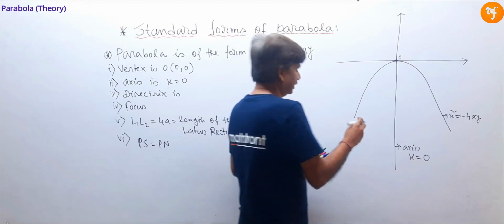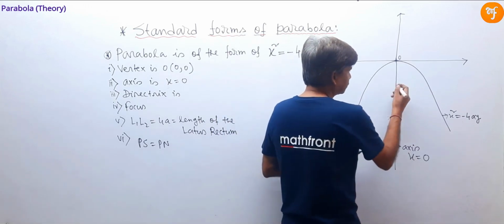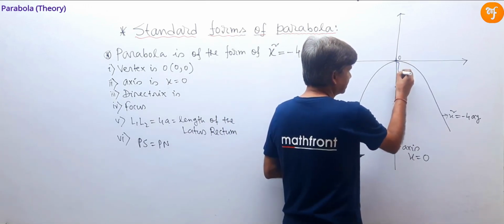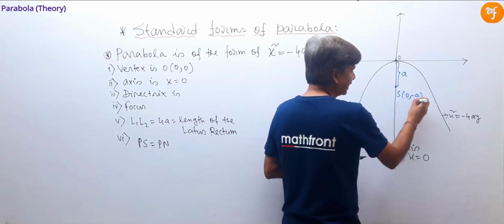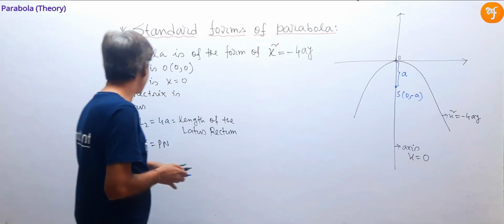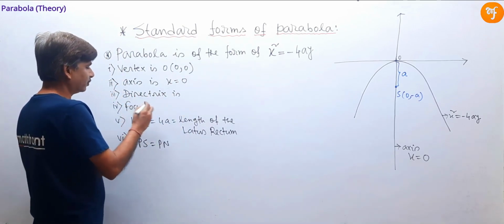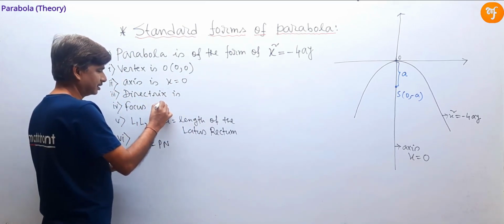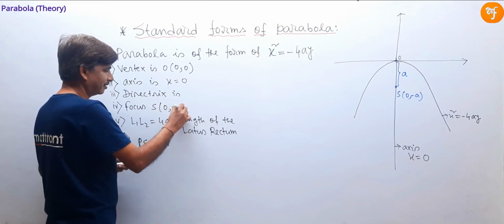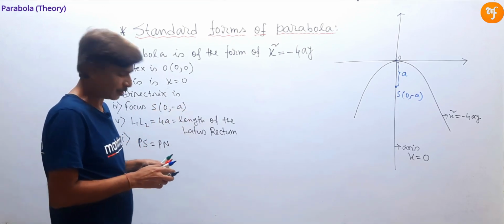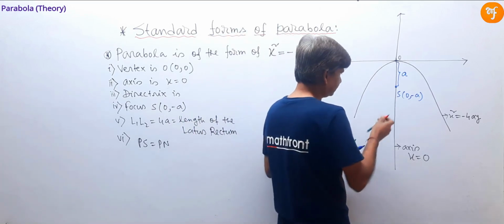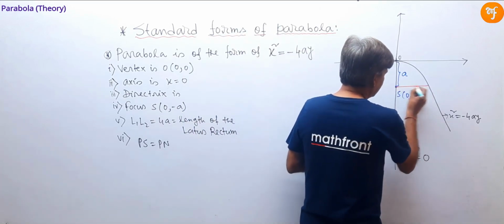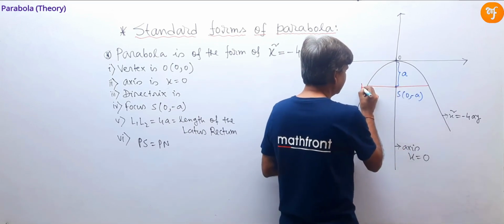Now definitely this will be the focus, which is at a distance of a unit, and the coordinate of the focus will be 0 comma minus a. So we should write the focus is S, which is 0 comma minus a, and the length of the latus rectum is L1 L2, the least focal chord.